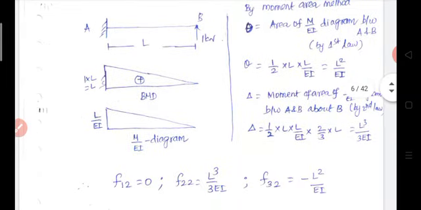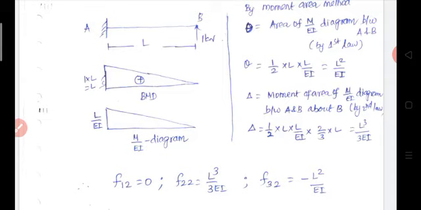Now write F12. F12 means a displacement in the direction of 1 due to unit force in the direction of 2. In this case we applied a transverse force, so the axial deformation will be 0. Then F22 is equal to L cube by 3EI.